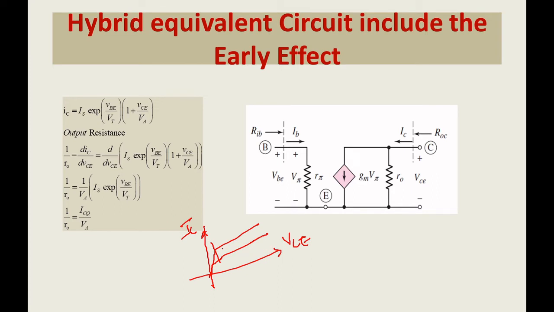So it was saturated. So the output resistance, plotted for IC versus VCE, that is 1 by R naught, is like infinity, because you have no changes. But that is the normal useful case.